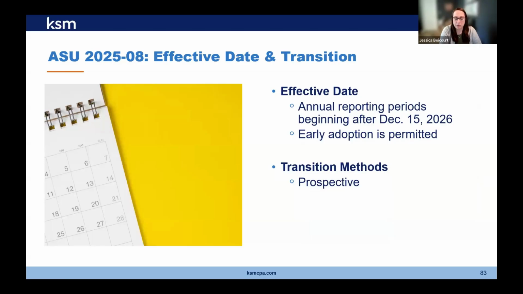So that's going to be 2027 calendar year ends, but you can early adopt. If you're in an industry where you know you're going to have this, it does make the accounting a little bit easier. So it would maybe be something that our clients would be interested in early adopting. And then at adoption, you can only use a prospective transition method, kind of forward looking.